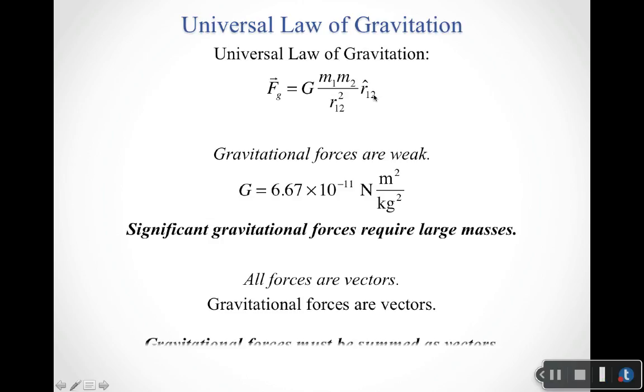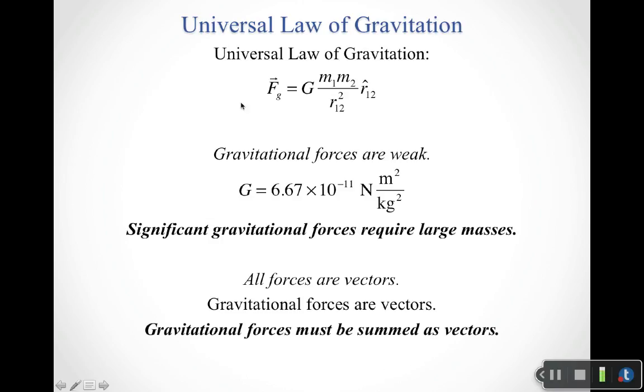This is just a special way of notating that in vector terms. But the important thing is that if we've got multiple masses, then we're going to have multiple gravitational forces, and they must be summed as vectors. So at the end of the day, this is still a vector summation problem because we're still dealing with forces.